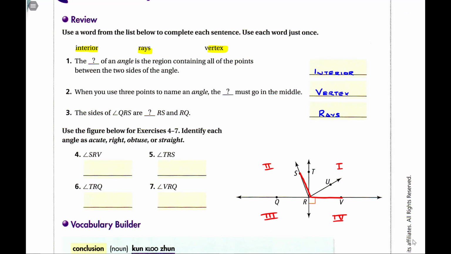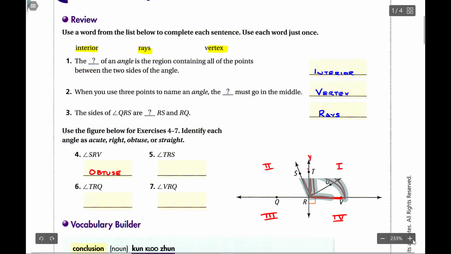This angle SRV extends into the second quadrant, so it goes beyond the y-axis into the second quadrant, thereby making it an obtuse angle. If it's between the x-axis and the y-axis, anything in here is going to be an acute angle unless it is the x-axis and the y-axis. That's probably the easiest way to look at that one.